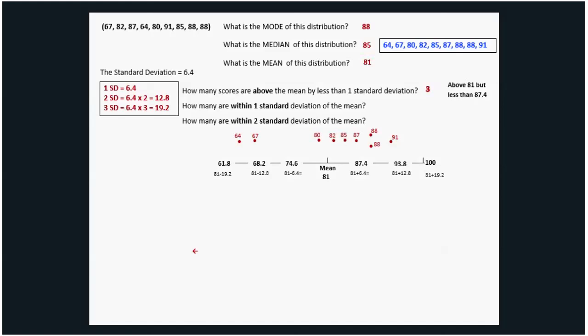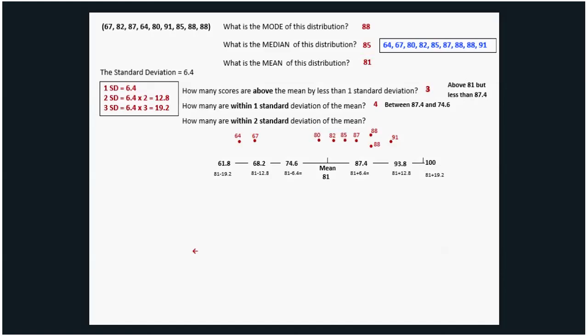So we come up here and we look now and we say, okay, starting at 74.6, there's 80, that's 1, 82 is 2, 85, and 87. So the answer there is going to be 4. How many are between 87.4 and 74.6? And they say within. That means you count that number, 74.6, or if we had an 87.4 score, you would count that 87.4. Those aren't less than 1 standard deviation. They're within 1 standard deviation.